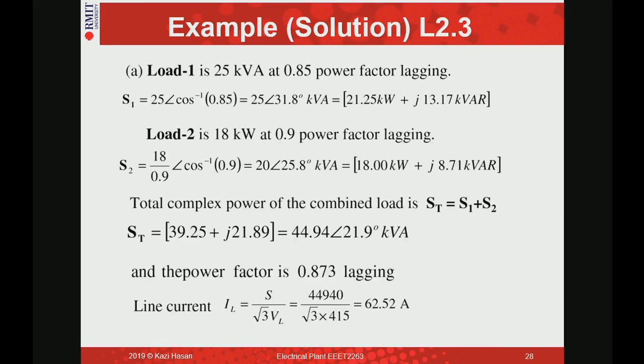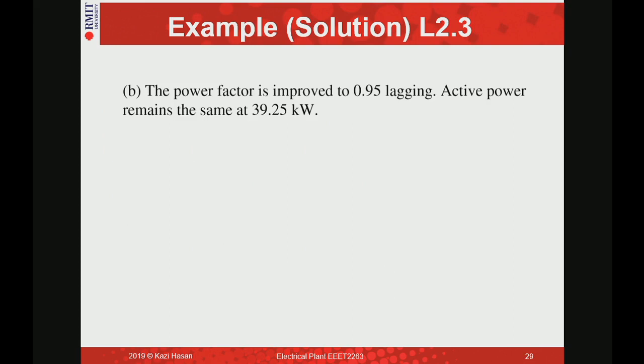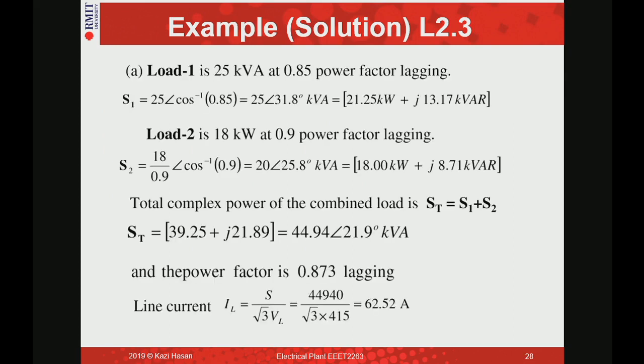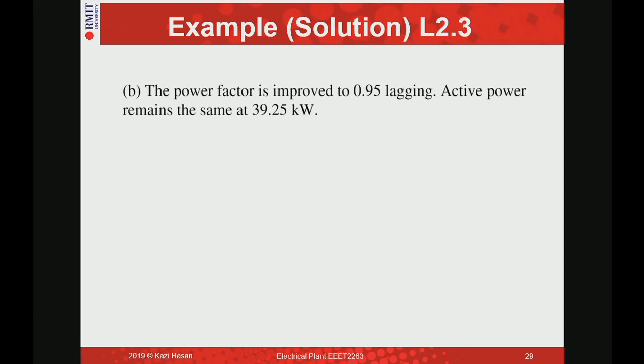So we will address these two issues now. The power factor was 0.837. Now it has to be 0.95. From 0.837, you have to bring it to 0.95. How much capacitance do we need, or what is the source current?